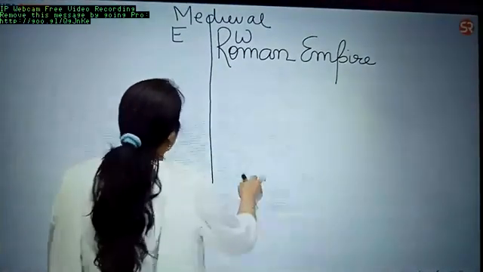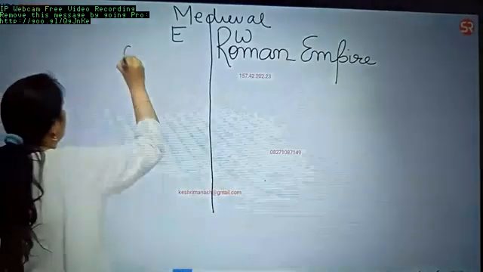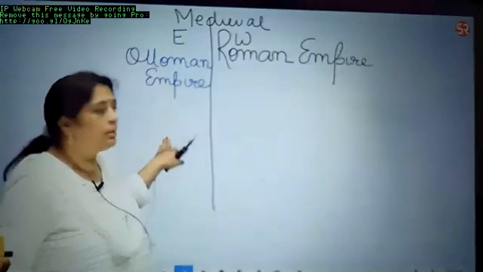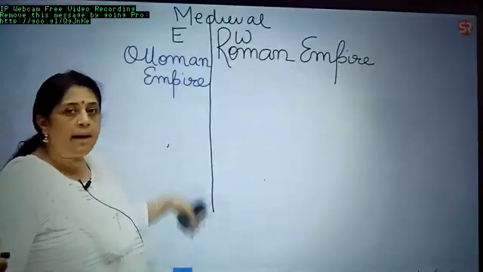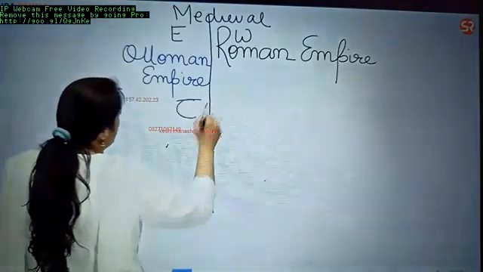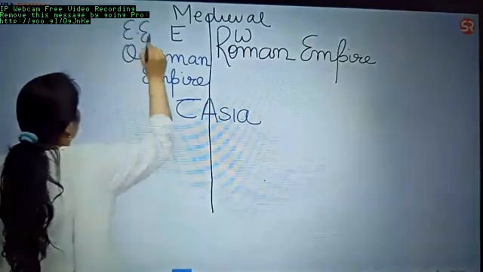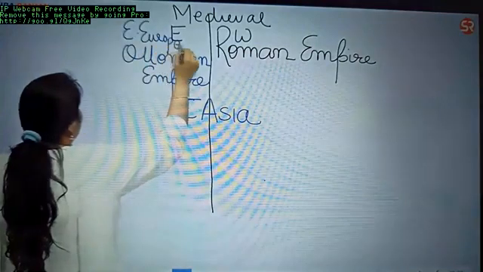The eastern part had been under the Ottoman Empire around Central Asia, Eastern Europe, and then the Russian Empire.